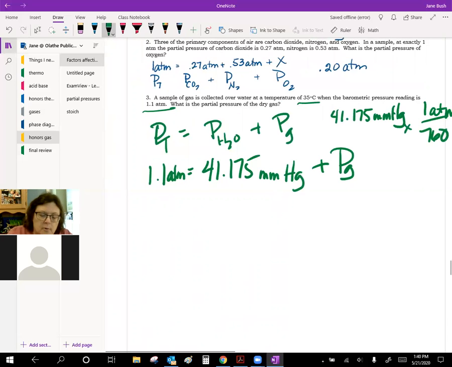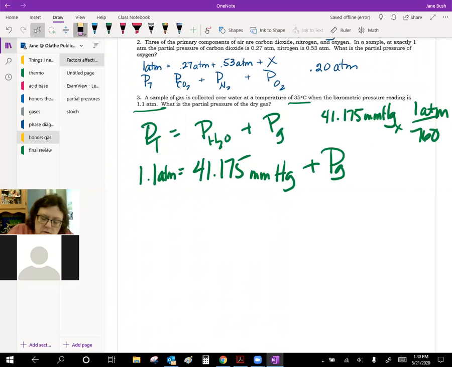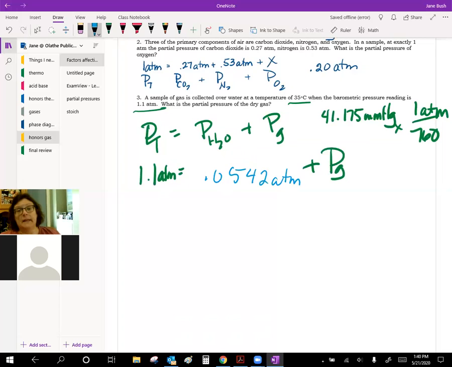Now my pressure is 0.0542 atmospheres. Now I solve for the pressure of the gas.